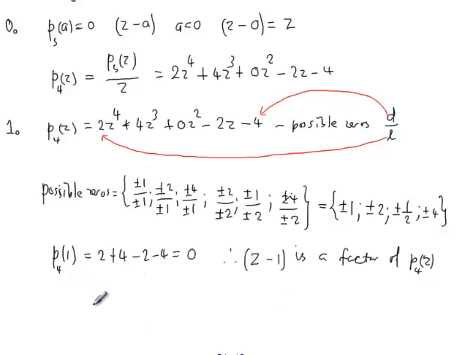Now what we need to do now, we can now say therefore P3 is going to be P4. Can you complete? P4 divided by Z minus 1.